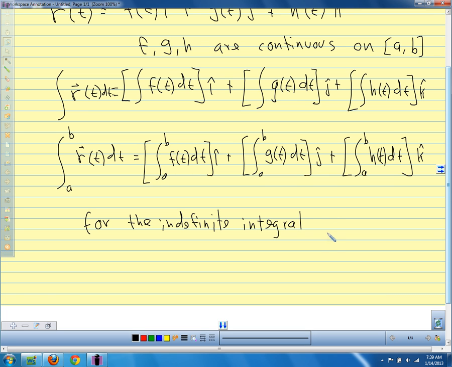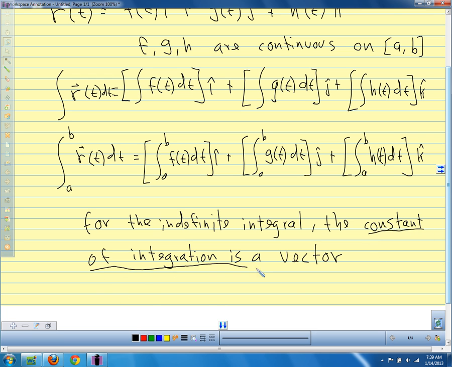Our constant of integration is a vector. This is an easy one to forget. When we're integrating vector valued functions, our constant of integration is a vector.